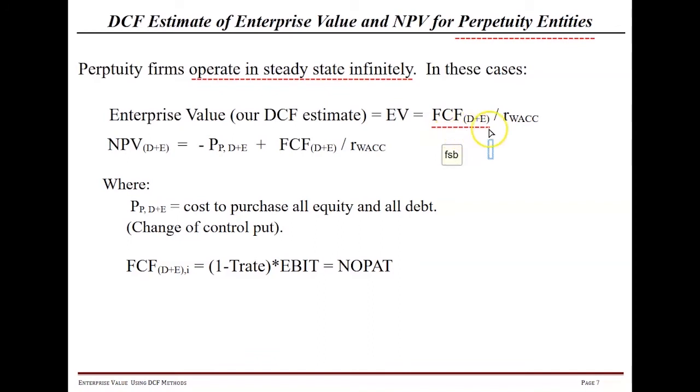And then we can say, well, since this is a perpetuity going on forever, the present value of all these free cash flows stretching out to infinity is just equal to one of those cash flows, remember they're all identical, divided by the appropriate interest rate or discount rate, which is always our weighted average cost of capital when we're talking about values to lenders and owners, when we're talking about enterprise value.